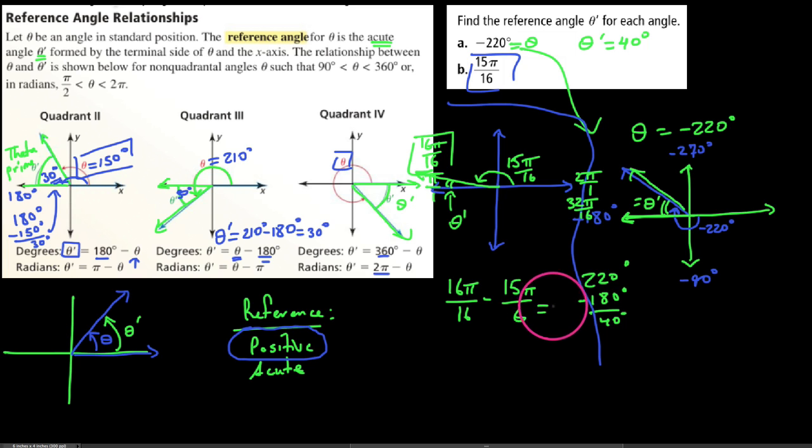And in this case, the theta prime happens just to be a 16th of pi rotation. So we would say that our theta prime is then pi 16ths. But those reference angles are what we have here formed between the terminal side and the x-axis. They're always positive, always acute, and this would be a nice little guide to help you determine them if you're having difficulty doing it visually.